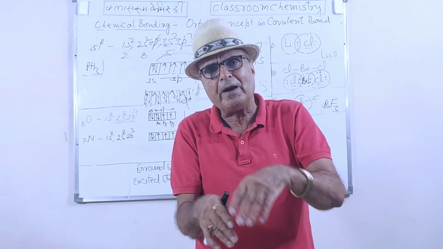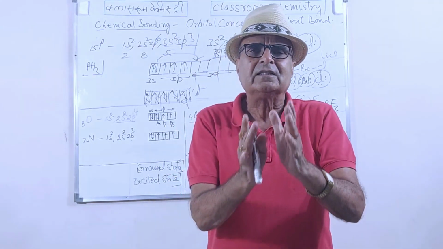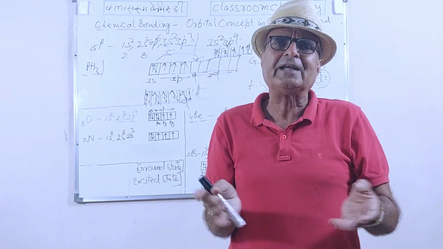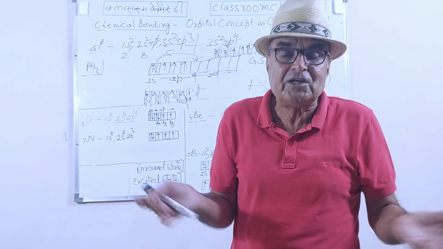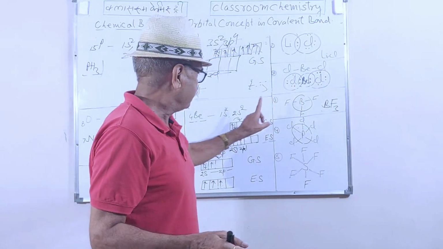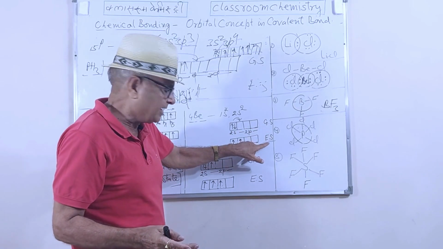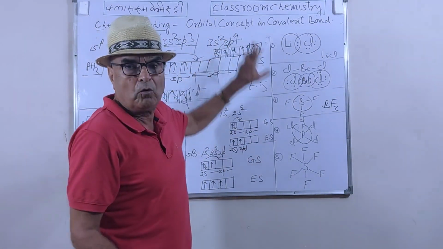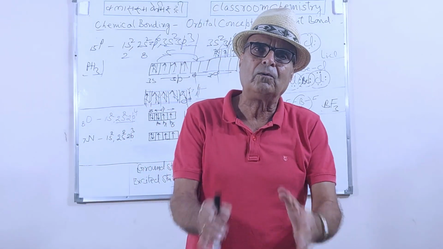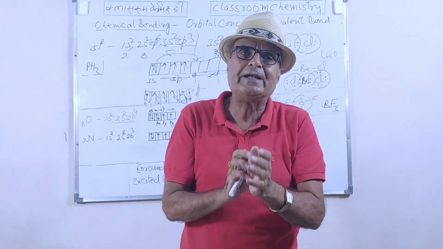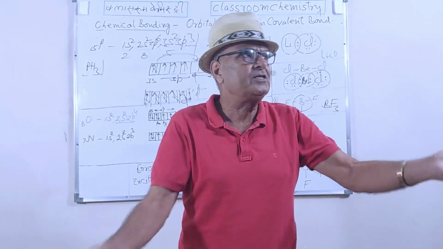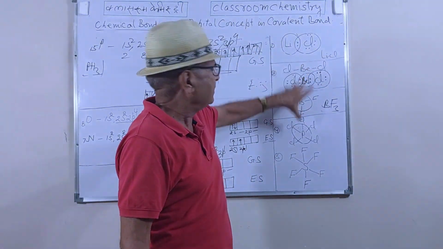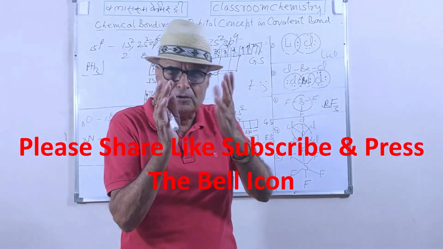And the fourth point is that the number of unpaired electrons can be increased by the concept of ground state and excited state. This is all about the orbital concept of the covalent bond. With the help of this, we can get over these difficulties, these limitations.